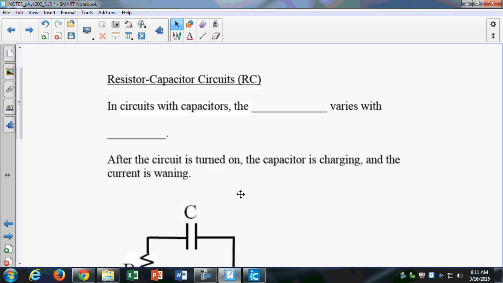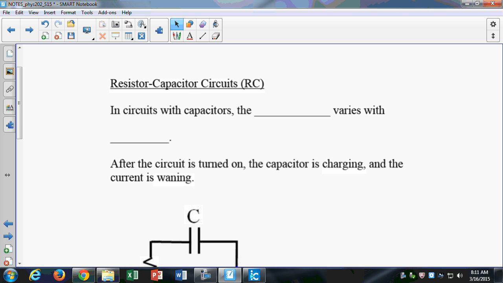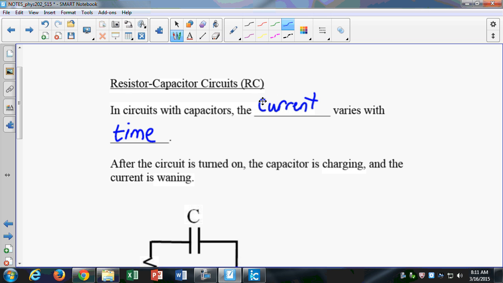In circuits with capacitors, the current varies with time. One of the purposes of capacitors is to store energy. Another is to have very regularly timed circuits.